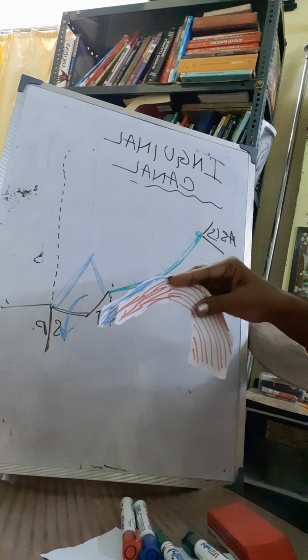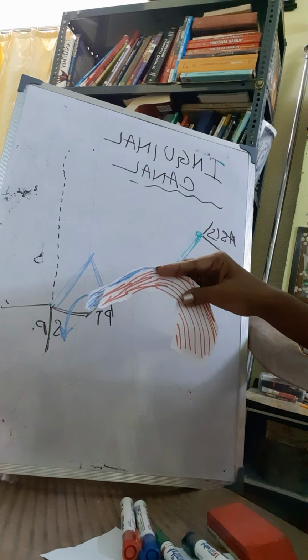Next is the construction of the canal is such that opposite the deep inguinal ring, যেখান থেকে ক্যানালটা শুরু হলো, suppose this is the position of inguinal canal, this is the deep inguinal ring, and this is the superficial inguinal ring, right?